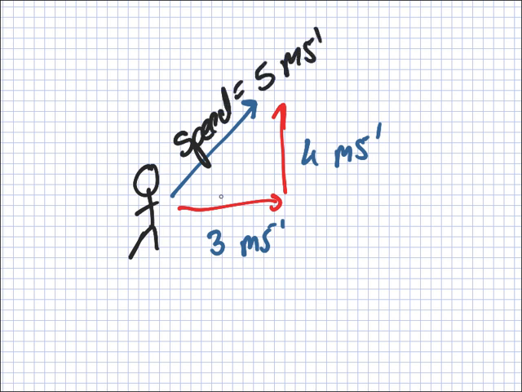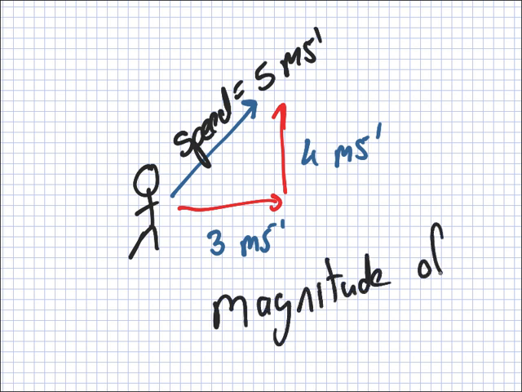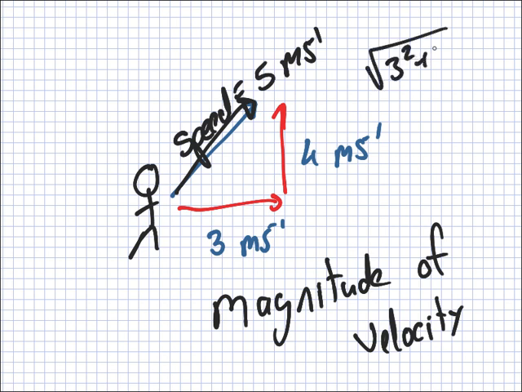So the speed is the magnitude of the velocity. It's this length, so it's the square root of 3 squared plus 4 squared. That's another way to find the speed.